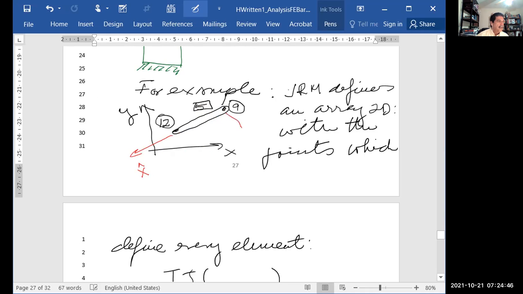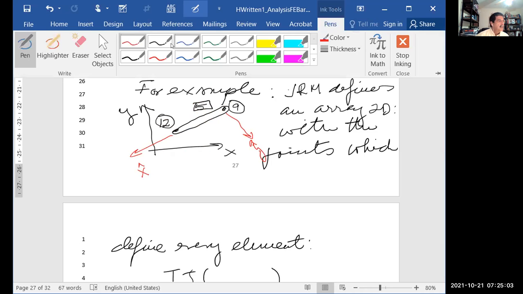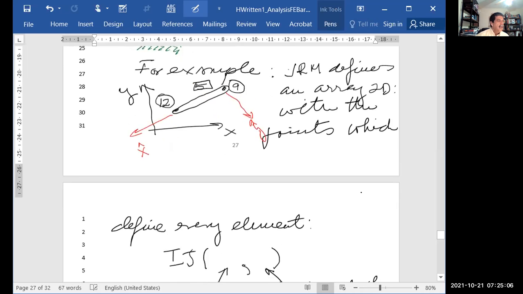Okay, so this is the local y direction. So joint 9 is the first joint of this 5th element, and joint 12 is the second joint of the 5th element.